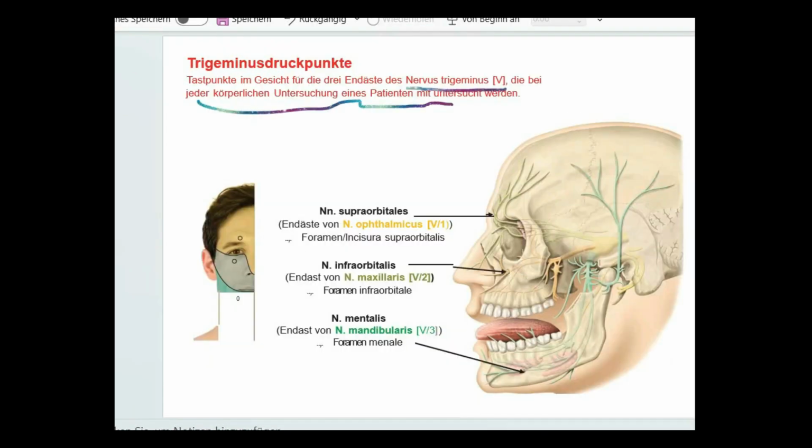The patient can also be examined here at the front, the ophthalmic nerve, and particularly the supraorbital nerve. The first is the superior orbital fissure, followed by the maxillary nerve. There is a pathway here, starting with the foramen rotundum, then comes the pterygopalatine fossa, and lastly the inferior orbital fissure.